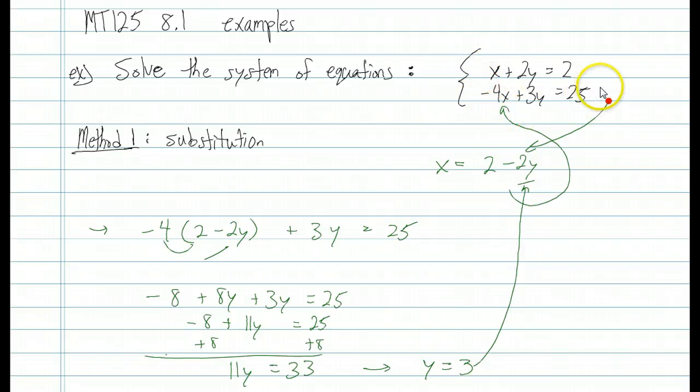Now we only have to multiply the first equation by a number for this system. For other systems, you might have to multiply each equation by separate numbers to get one of the variables, x or y, to drop out.